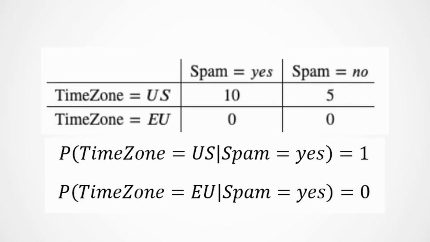If this class and the attribute value never occur together in the training sample, then the probability estimate based on frequency will be 0, since the probability estimate is directly proportional to the number of occurrences of the attribute value. This is problematic because it will destroy all information in the other probabilities when they are multiplied.